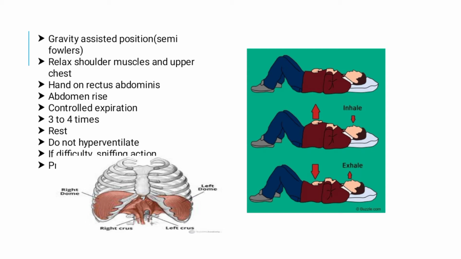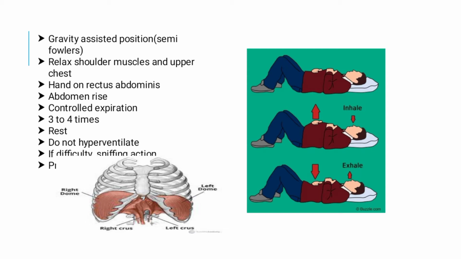So what is the procedure of diaphragmatic breathing? In diaphragmatic breathing, you need to place the patient in the semi-Fowler's position. So you need to elevate the patient's head to 45 degrees and ask the patient to flex the hip and knee.